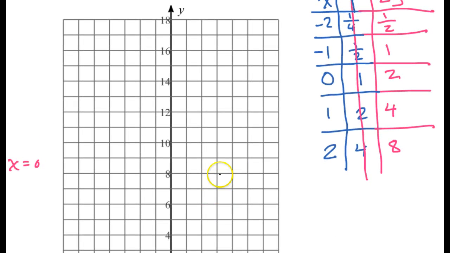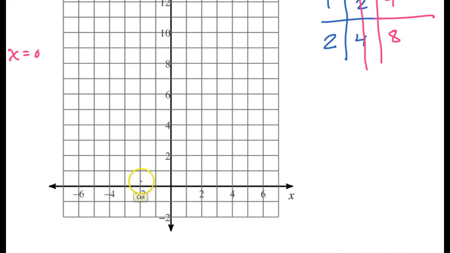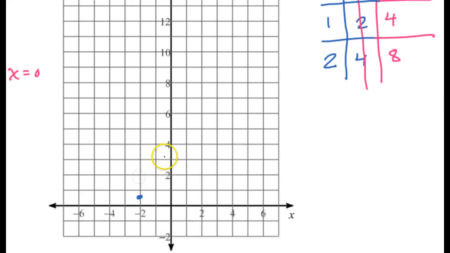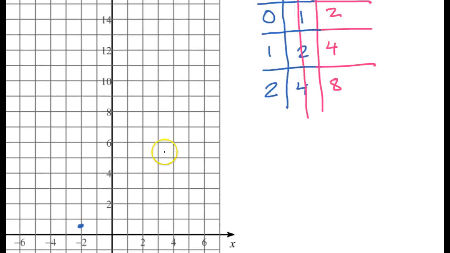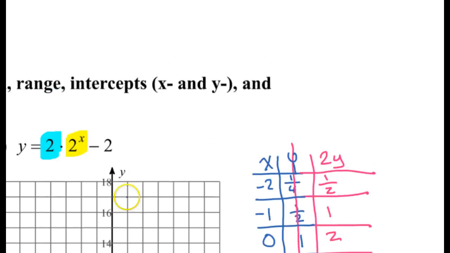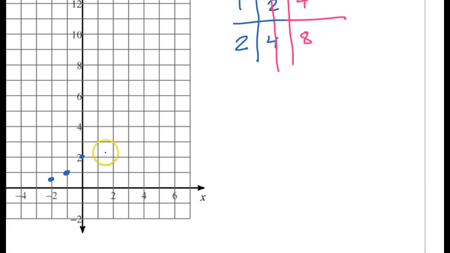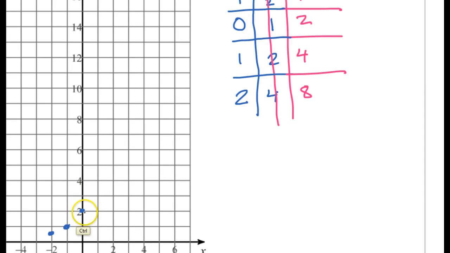Okay, so here I go. -2, 1/2. Okay, so that's going to be right here. And then -1, 1. And 0, 2. 1, 4. And 2, 8.